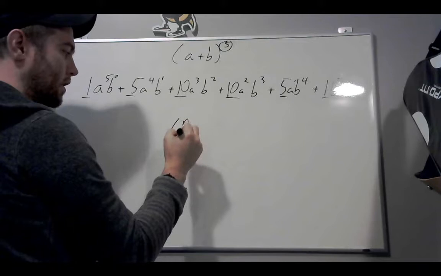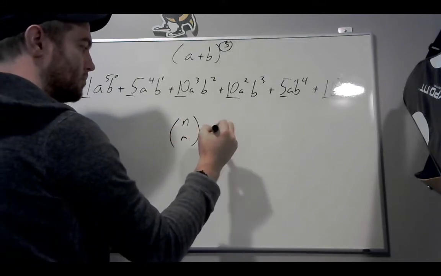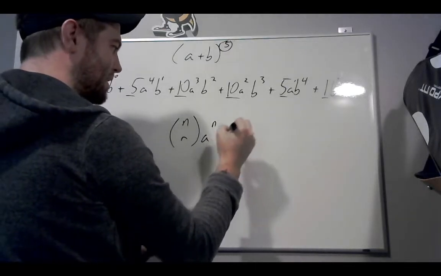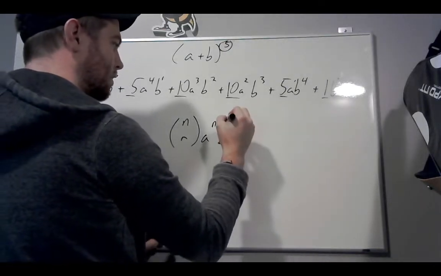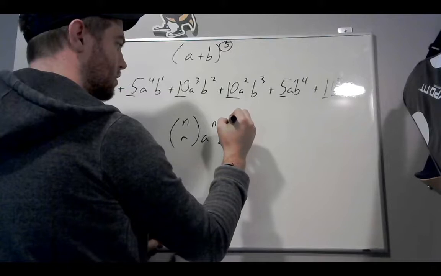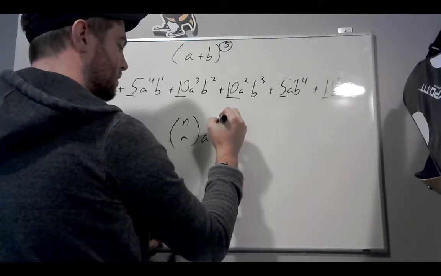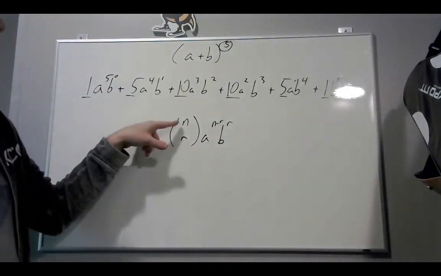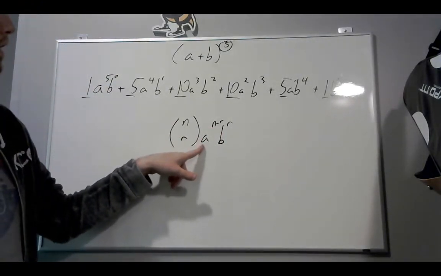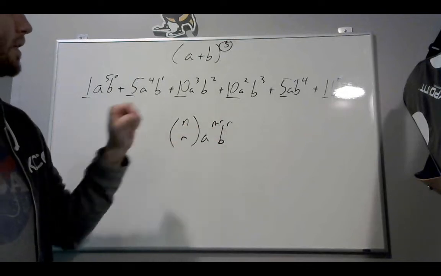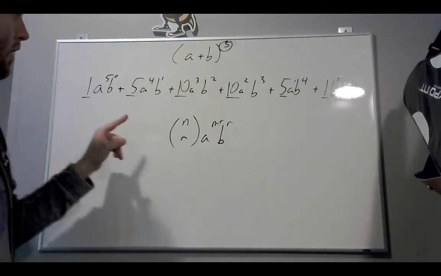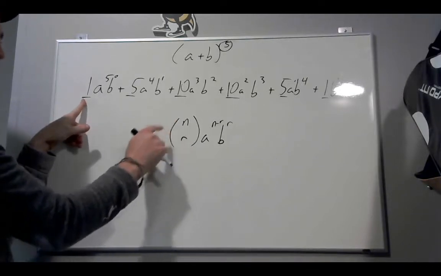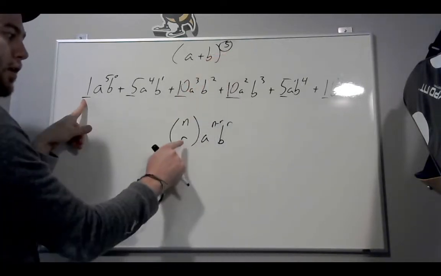It's n choose r, a to the n minus r, b to the r. And basically what this is doing is, first we're finding out what this coefficient is by determining what row we're on and what term we're on.